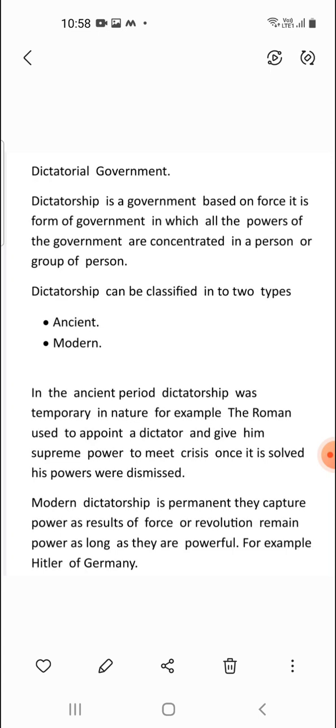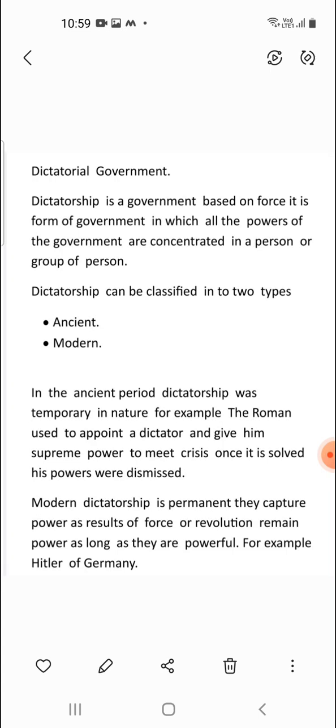First, a monarchical government. As you all know, in the ancient period, there was a monarchical government wherein kingship was hereditary, and the king was considered a representative of God. Whether he is good or bad, people should obey him. The main duty of the king is to protect the state and look after the welfare of the subjects.